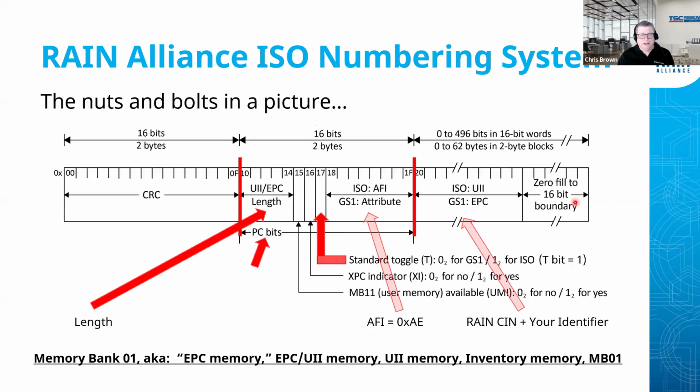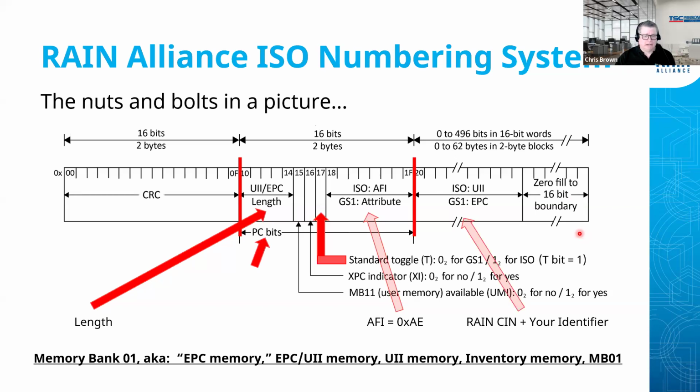Here they are in a terrifying picture. We're going to work through this picture and hopefully it's not too scary after we get through it. This picture is a schematic of Memory Bank 01. You may know Memory Bank 01 as EPC memory. That's the term that most people use.